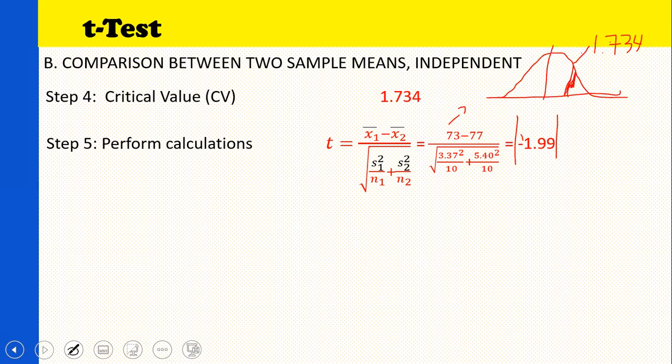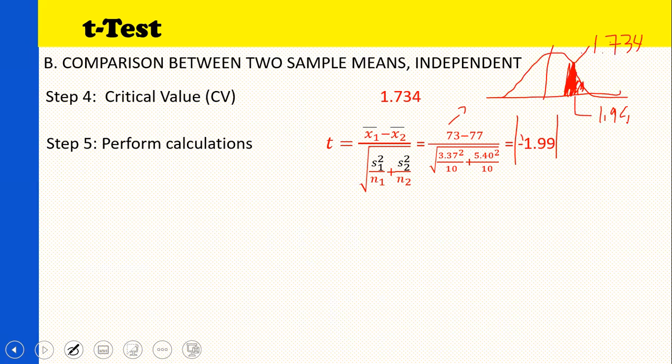And the shaded region lies here in this area. Ang borderline nandito sa line na yan. That is the critical value. And how about the value? We can also use the absolute value para makita natin yung location of 1.99. So 1.99 lies in this area, meaning on the shaded region, which falls under the rejection region.